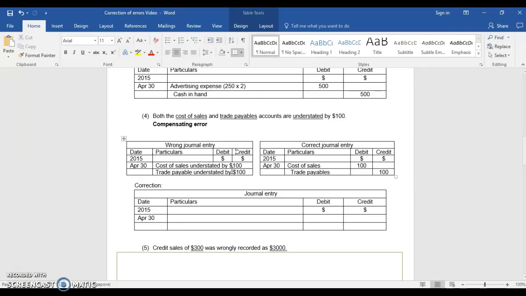Understated means writing too little. Now we're going to increase it by debiting cost of sales $100, and we are going to credit trade payables of $100 as well. So keywords to look out for: understated and overstated.